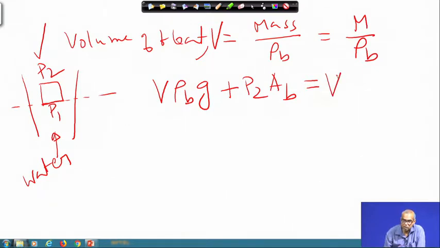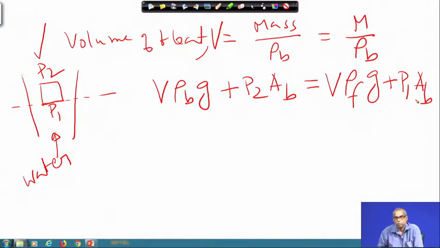That much volume of water will be displaced, rho f is the density of the fluid or water, into g, plus P1 into AB, upward force.